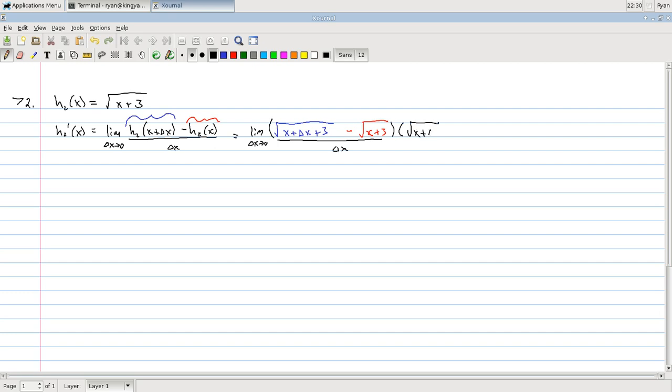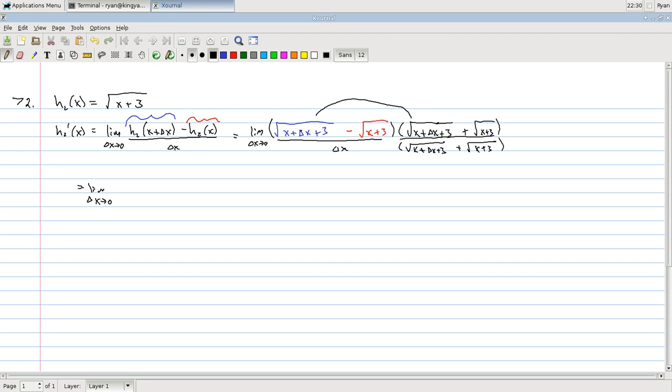So we're going to multiply by radical x plus delta x plus 3 plus radical x plus 3 on both the numerator and denominator. So we multiply the denominator by radical x plus delta x plus 3 plus radical x plus 3 as well. Now when you multiply this through, if we distribute the top out, this gives us the limit as delta x goes to 0.